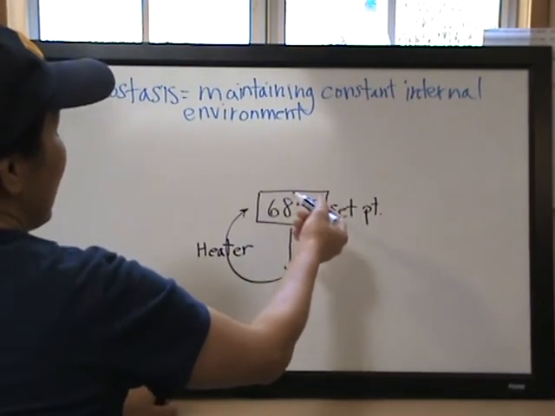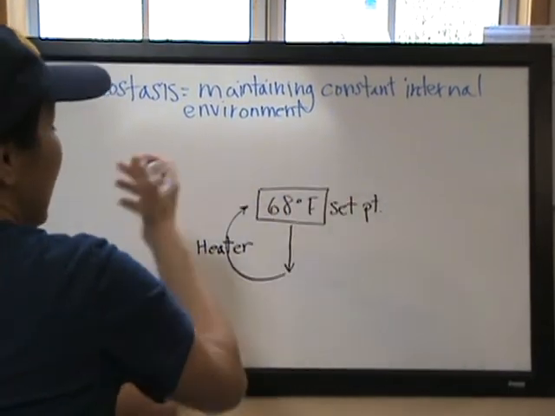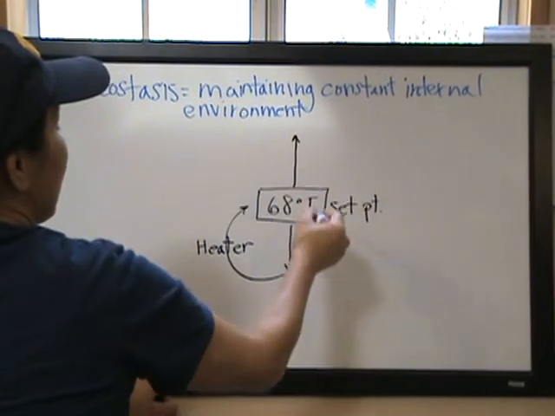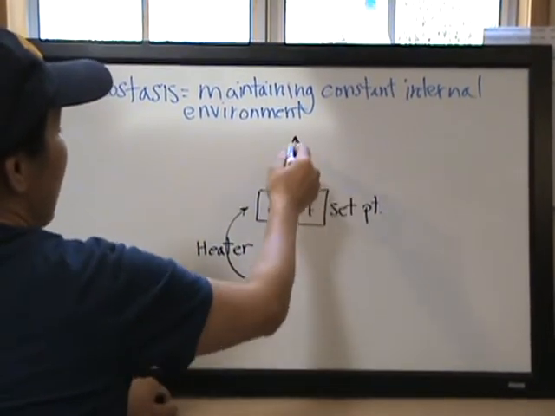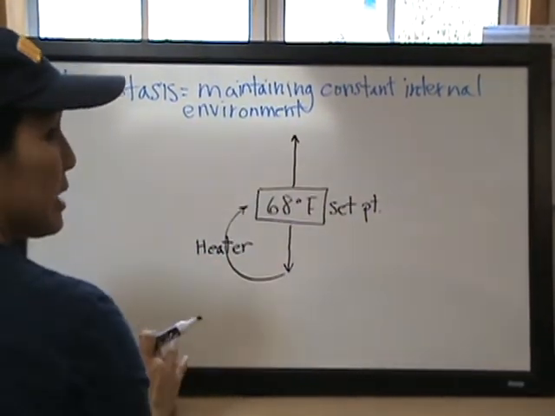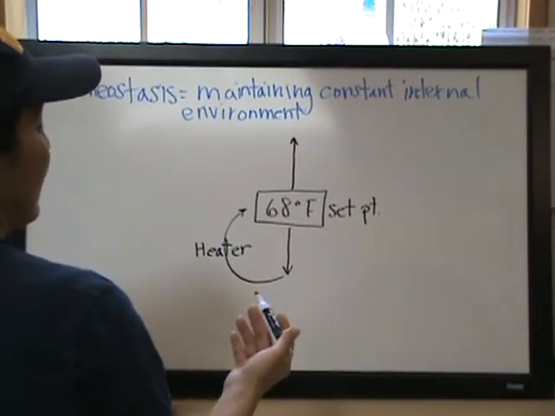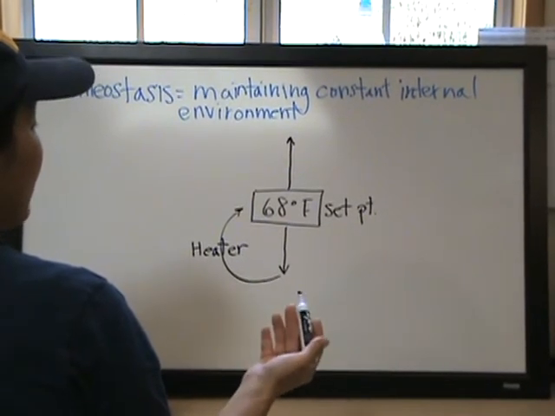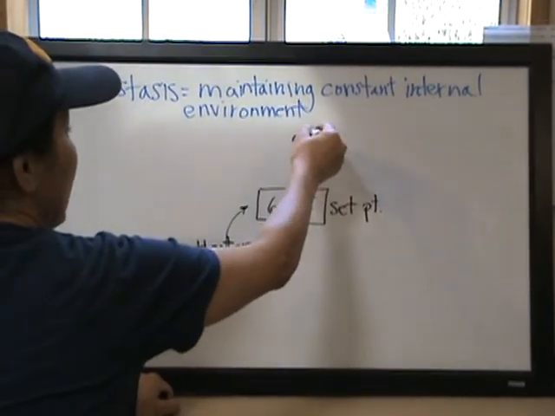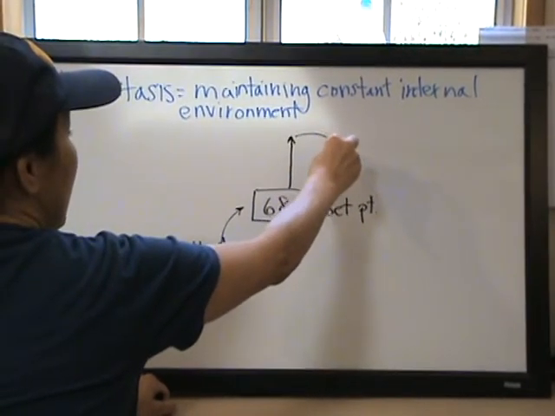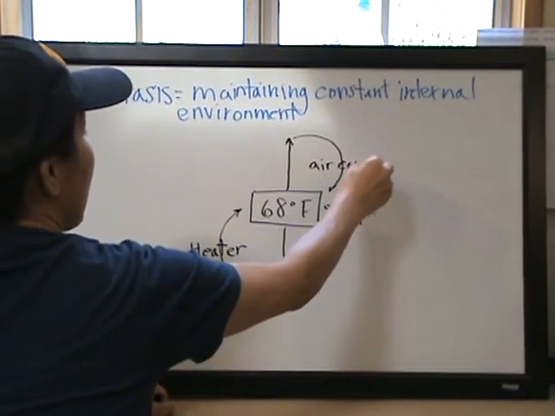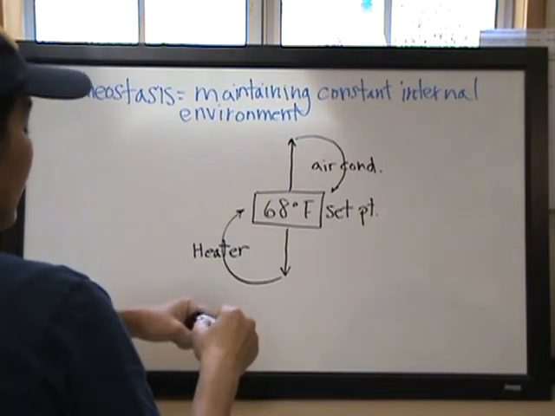Now, during the day, it's been pretty nice outside, but let's say it were to get into the 90s. The temperature inside the house is going to begin to rise because it's hot outside. Here in our area, most houses don't have air conditioning, but if we did, the air conditioner would turn on and bring the temperature within the house back down to 68 degrees.